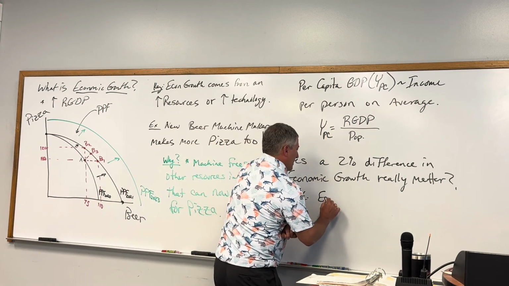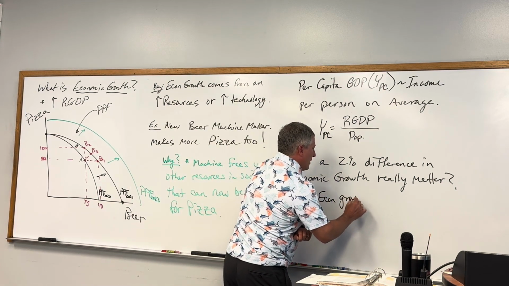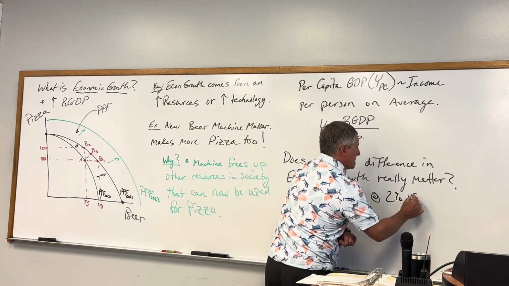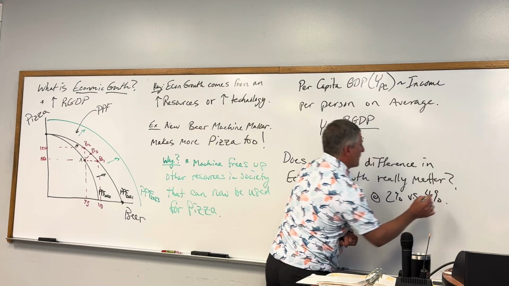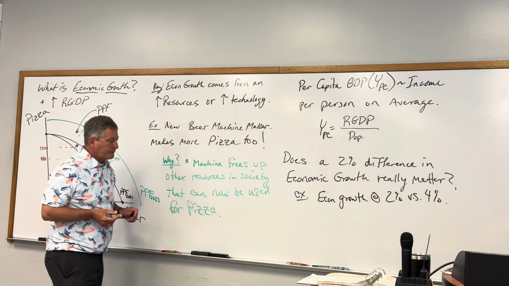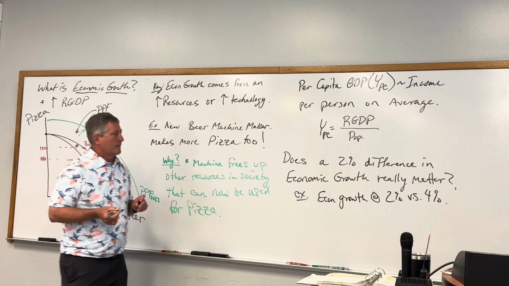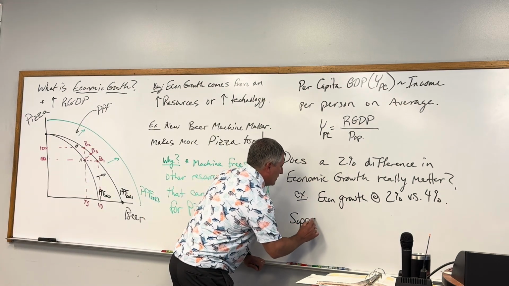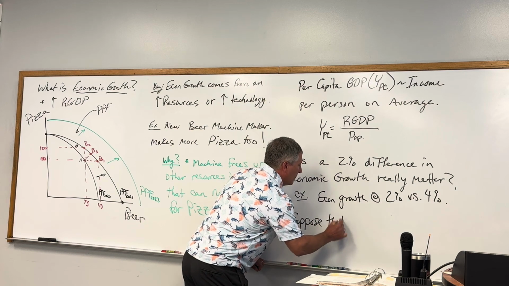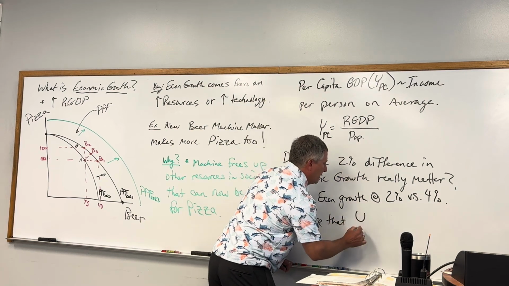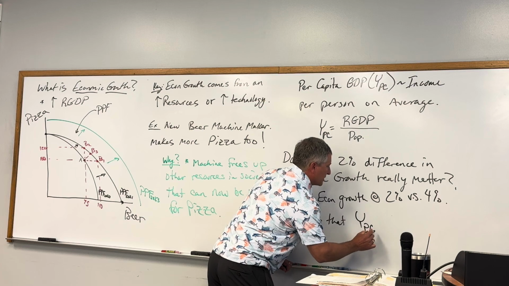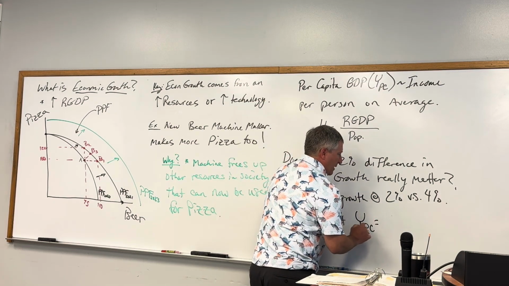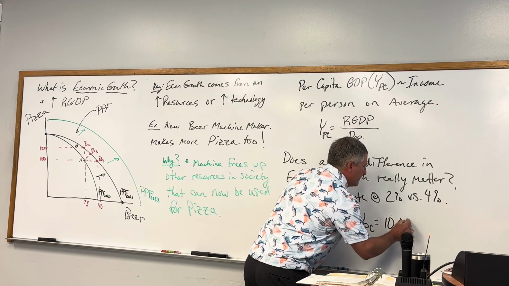So economic growth at 2% versus 4%. So suppose that real GDP per person, income per person, per capita GDP, is equal to 10,000 bucks.